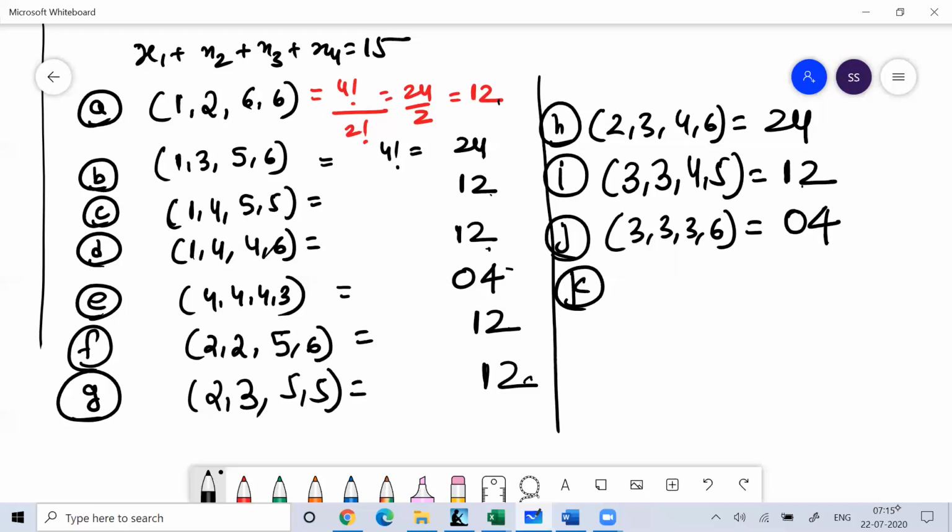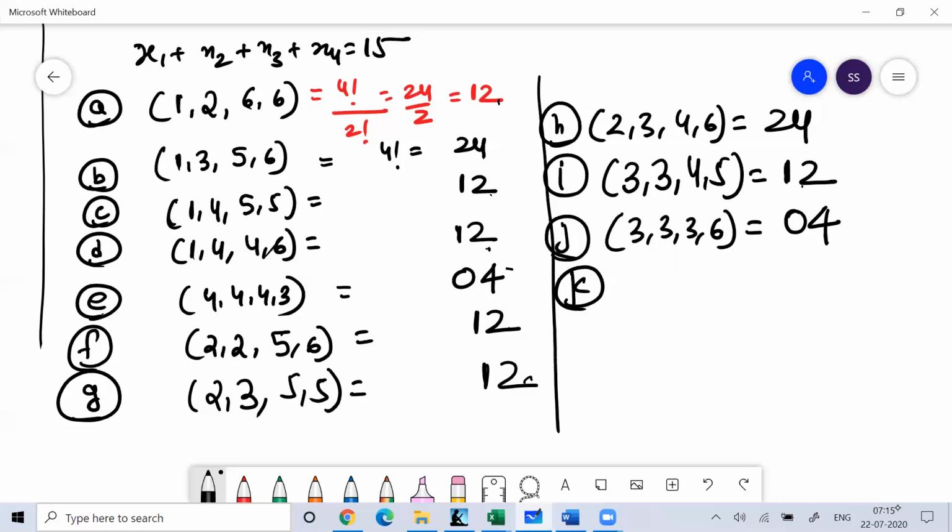Then 1 3, you got this. Then with 1 4, the total number of cases is 3, that also you got. Then 1 5: if you try 1 5, you get the sum 6.